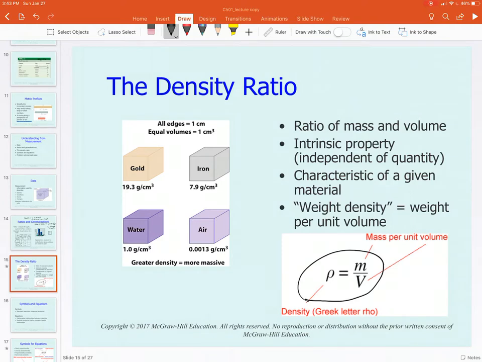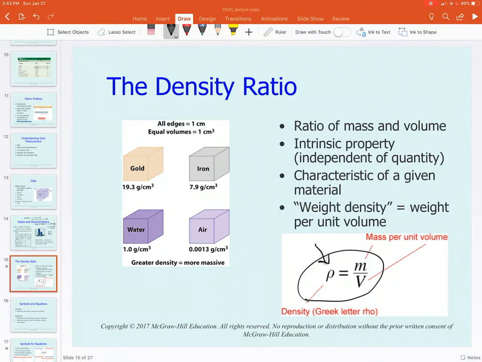And density has this weird looking symbol, known as a rho.